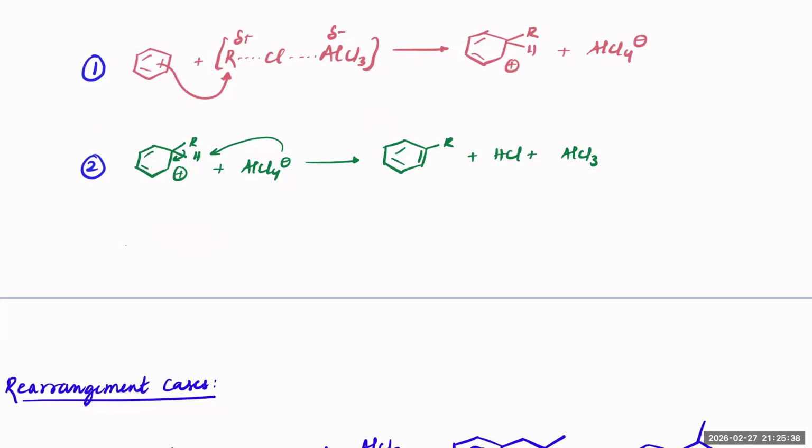Now what you need to notice is the strength of Lewis acids. AlCl3 is a stronger Lewis acid as compared to FeCl3, as compared to BF3, as compared to ZnCl2, and as compared to SnCl2.